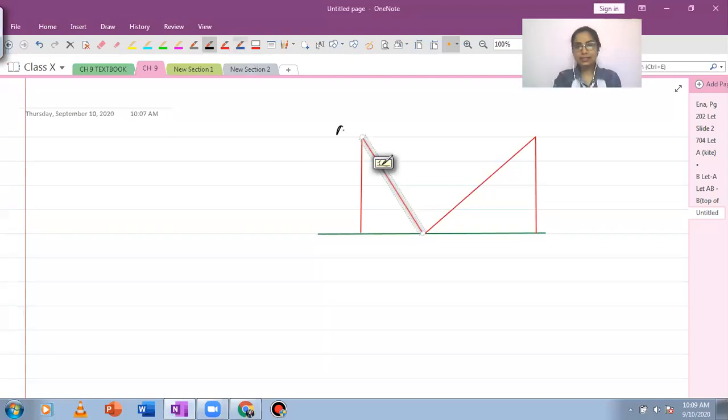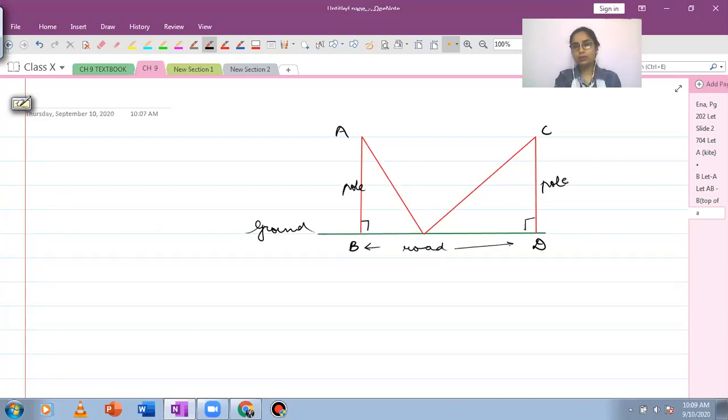So let us say that we have, I might change the names. I'm just changing names. AB and CD are the two poles. Obviously, these will be perpendicular to the ground. So this represents your ground. And this actually is the road, which is 80 meters wide.